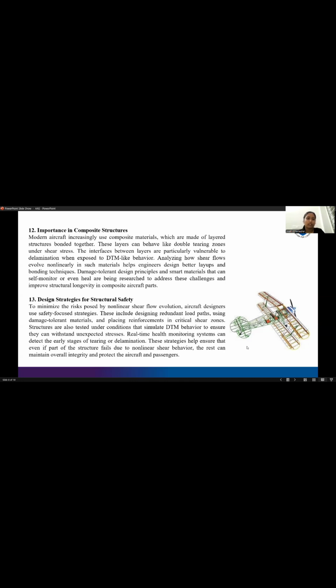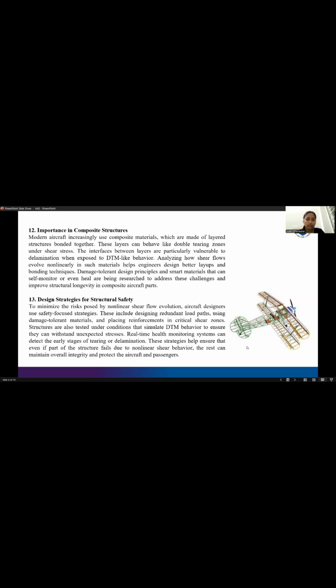Design strategies for structural safety. To minimize the risk posed by nonlinear shear flow evolution, aircraft designers use safety-focused strategies. This includes designing redundant load paths, using damage-tolerant materials, and placing reinforcement in critical shear zones. Structures are also tested under conditions that simulate DTM behavior to ensure they can withstand unexpected stresses.